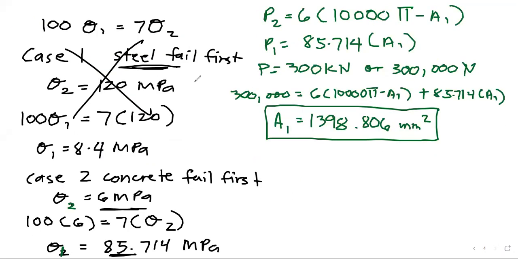Ayan yung equation, and shift solve. 300,000 is equal to 6 (10,000 pi minus A1) plus 85.714 A1. So, A1 is equal to 1,398.806 millimeter squared. Okay? So, that's our answer for number 2.